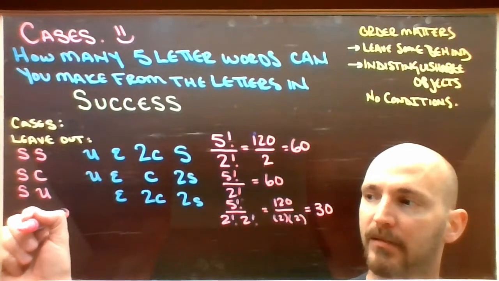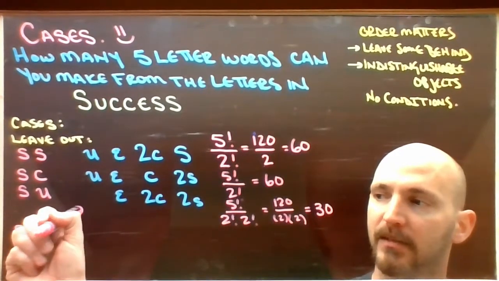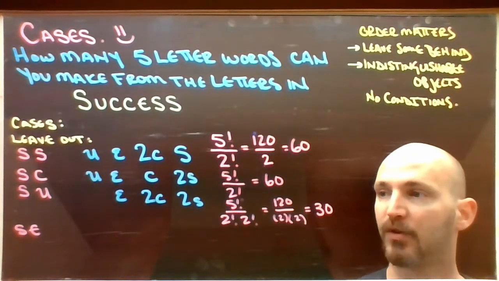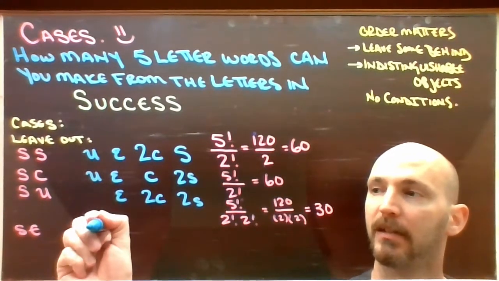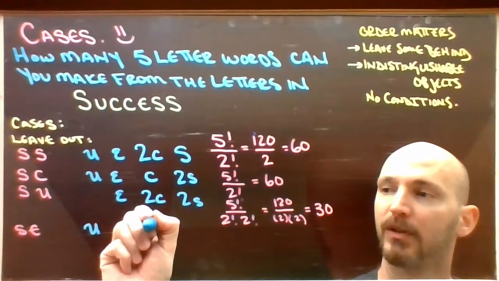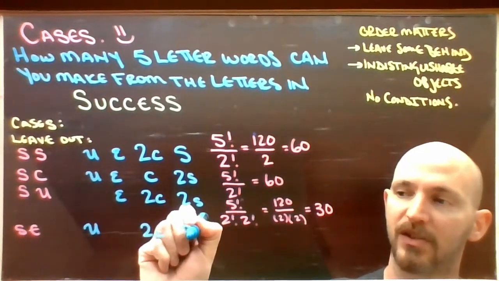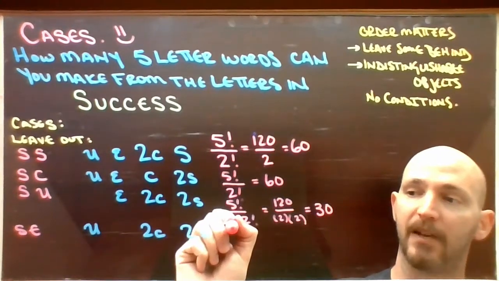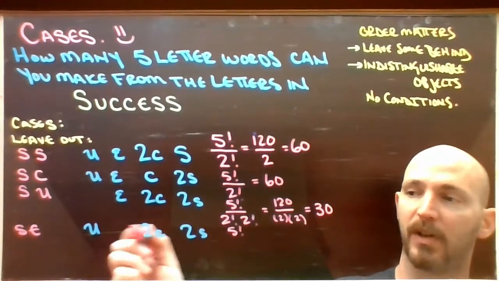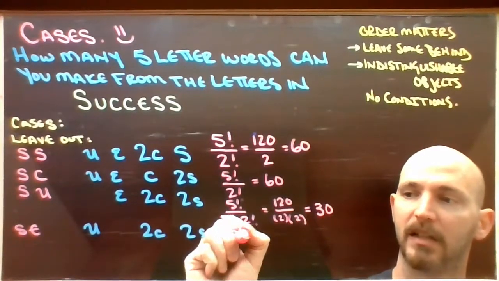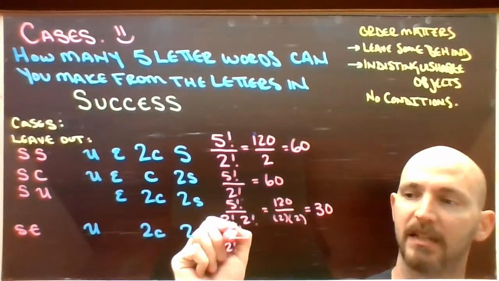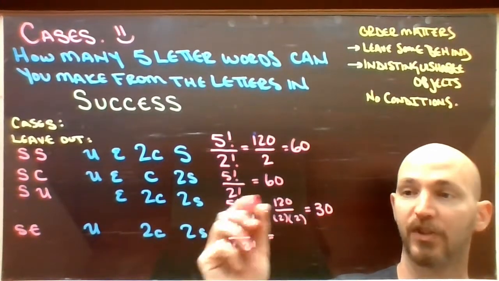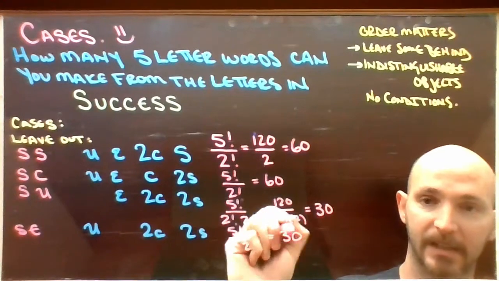Next case, I'm going to leave out the S and the E, which means I'm shuffling the U, 2 C's, and 2 S's. So I have 5 factorial, shuffling the 5 letters, eliminating the double C and the double S, which gives me those 30 ways again.